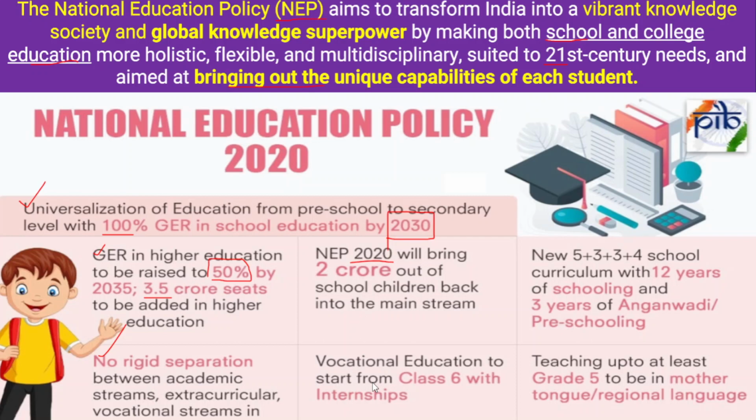Now, vocational education is to start from class 6 with internships. In this context, vocational education plays a very important role in making students employable, so they learn certain skills. Therefore, we also have programs like Sankalp and Strive that were launched with assistance from agencies like the World Bank.